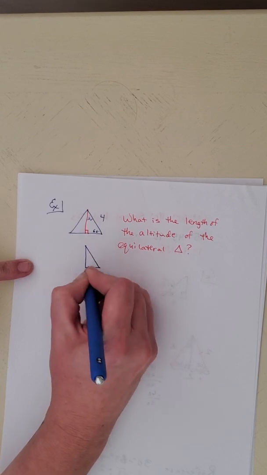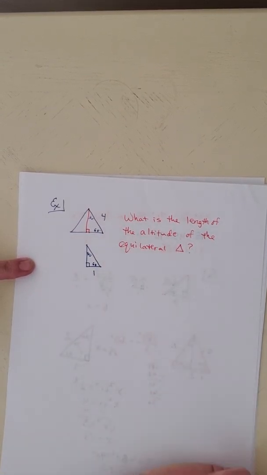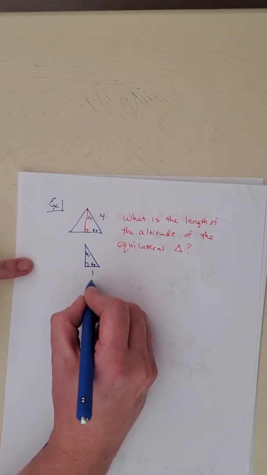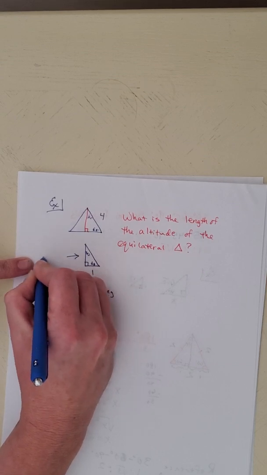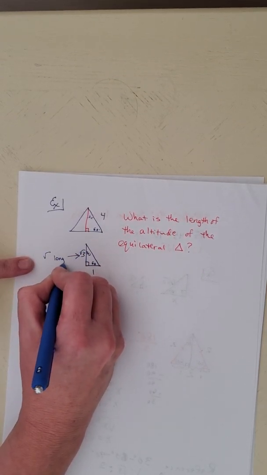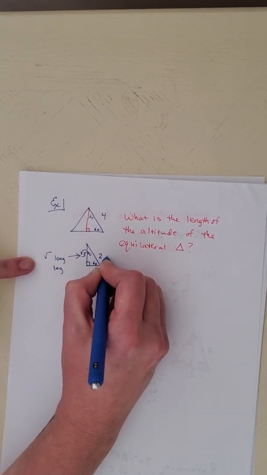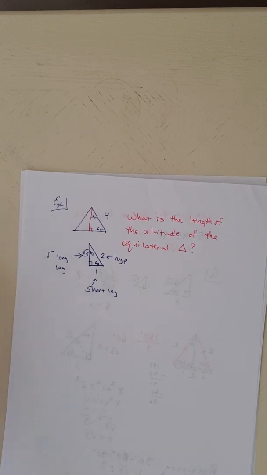My reference triangle for 30, 60, 90 is 1 on the short leg. Remember, short leg. √3 on the long leg. And 2 on the hypotenuse. And then I'll create a proportion.